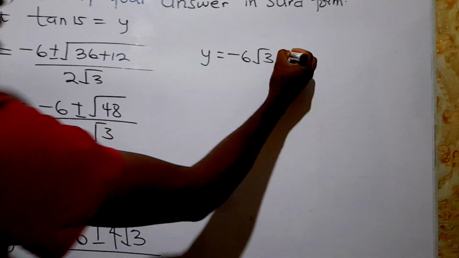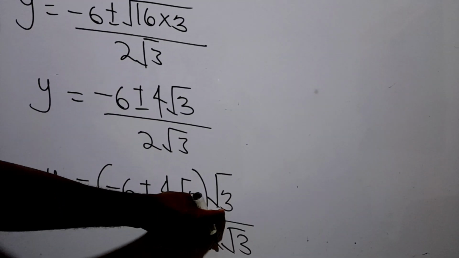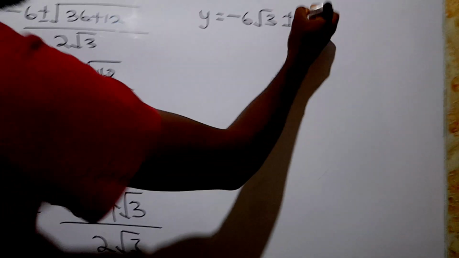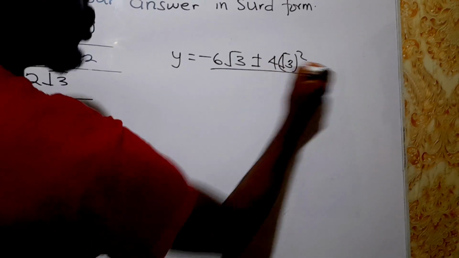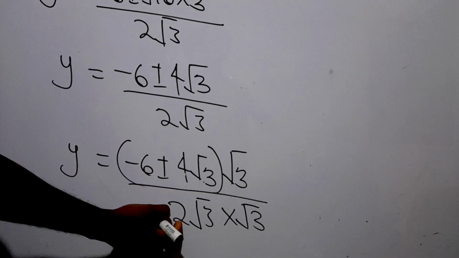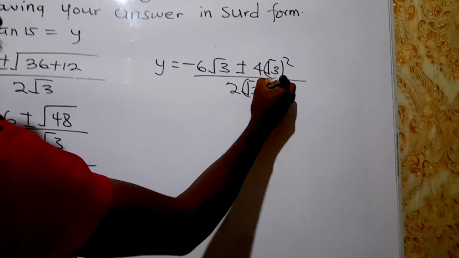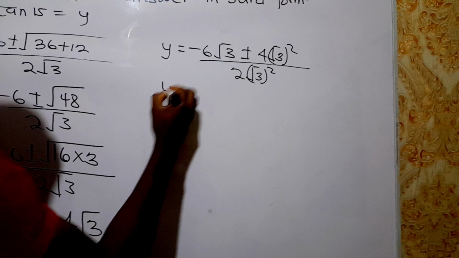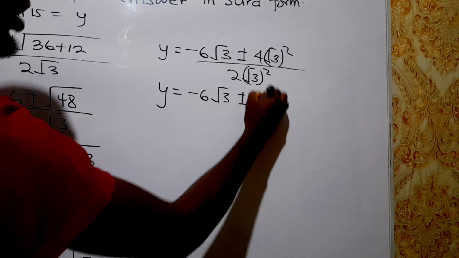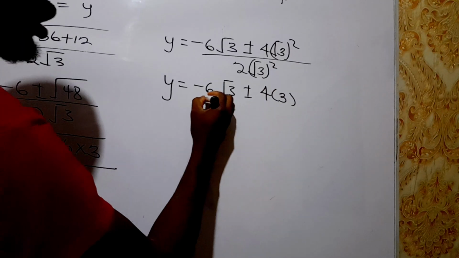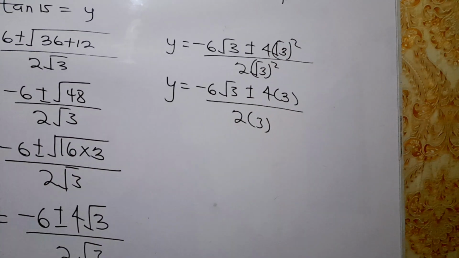Then this times this, that's 4 root 3 times root 3, we'll get 4 times root 3 squared, over 2 times root 3 squared. So we have y equal to negative 6 root 3 plus or minus 4 times 3 over 2 times 3, since root 3 squared is 3.